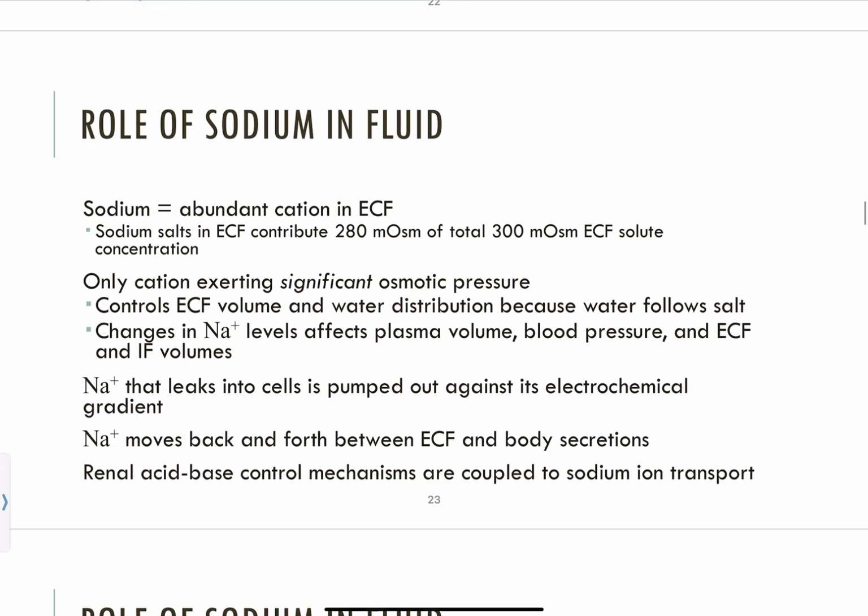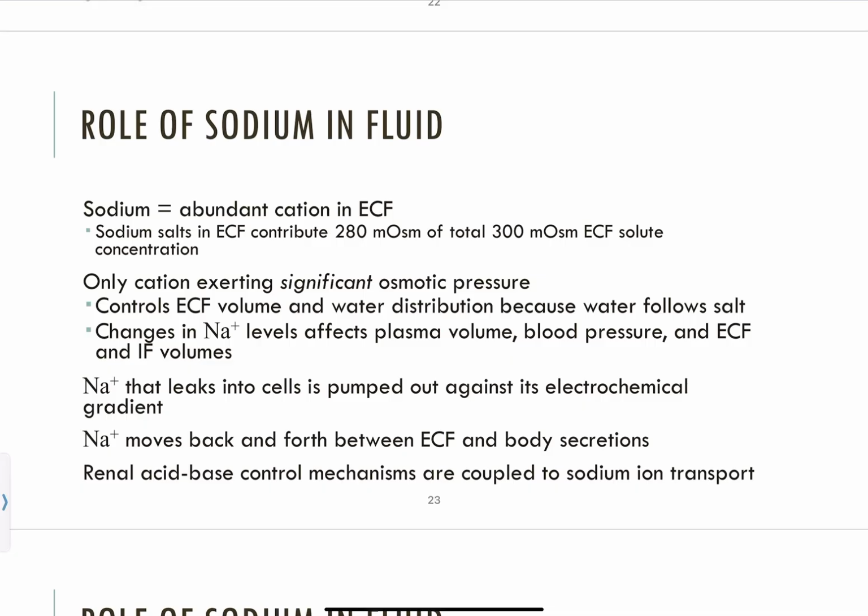Okay, going back into sodium, remember it's the most abundant cation that we have in our extracellular fluid. So abundant that out of the total 300 milliosmoles of solute concentration we have, it's going to contribute 280 of the 300 milliosmoles. So really, really important.